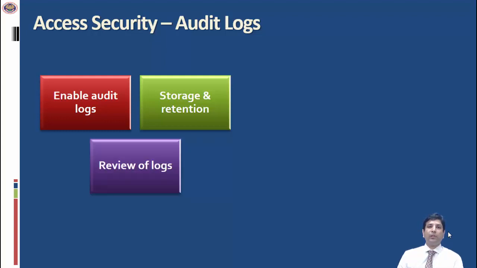The next important concept within audit logs is the review of audit logs. Now, it is not enough to just enable the audit log and store the audit log. Somebody has to look at the audit log and identify if there are any unauthorized or exceptional activities that happen during the running of the ERP.